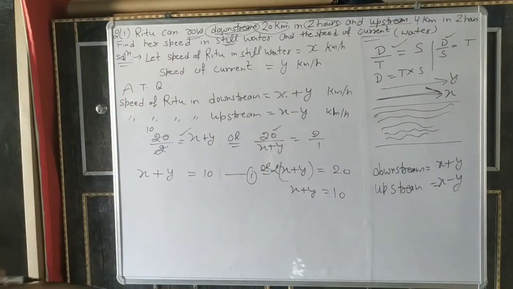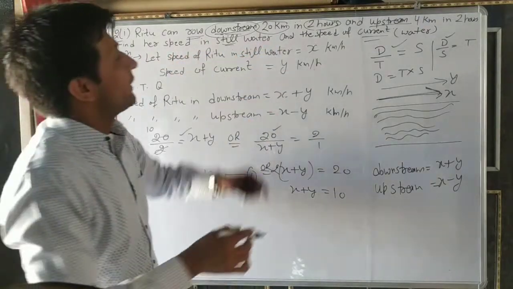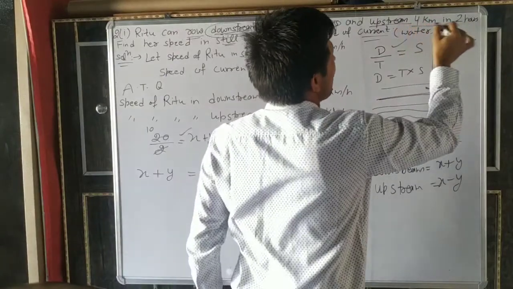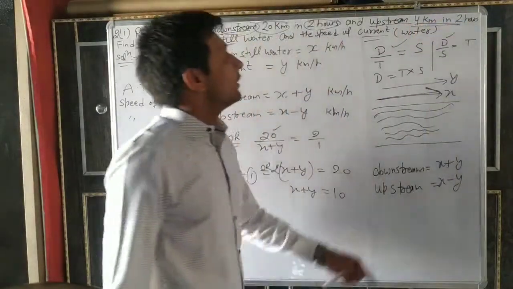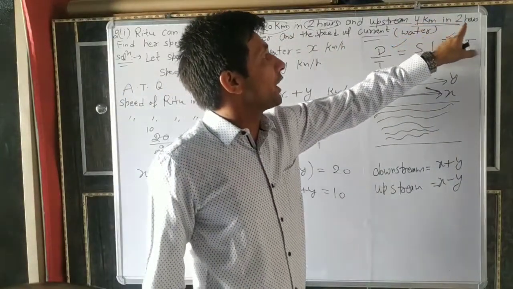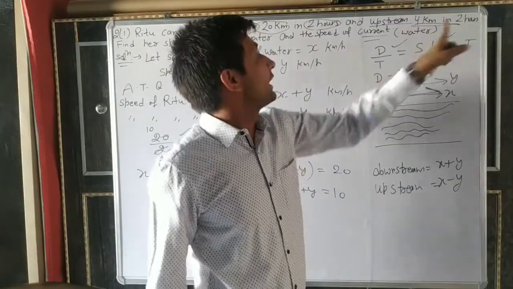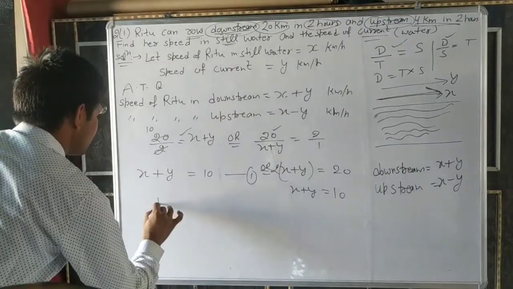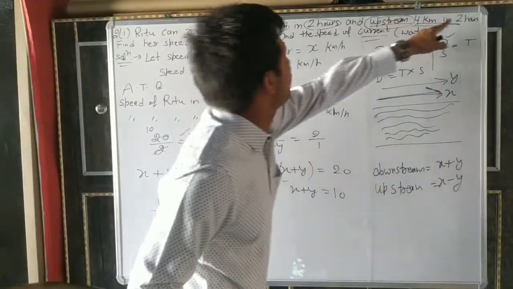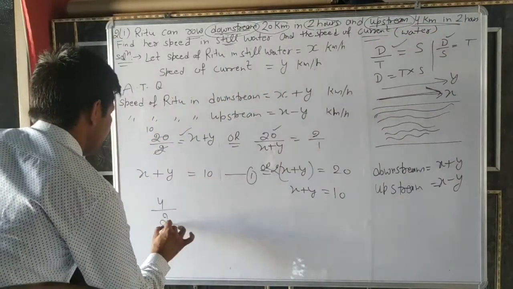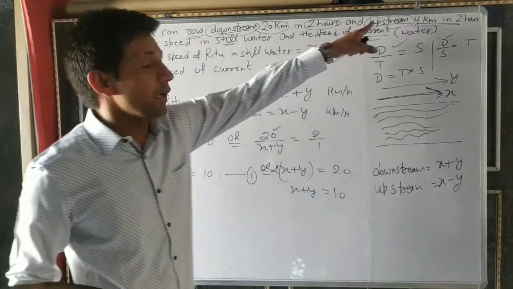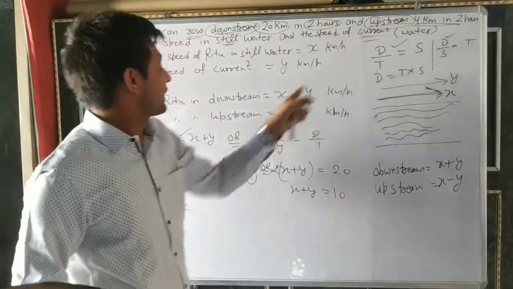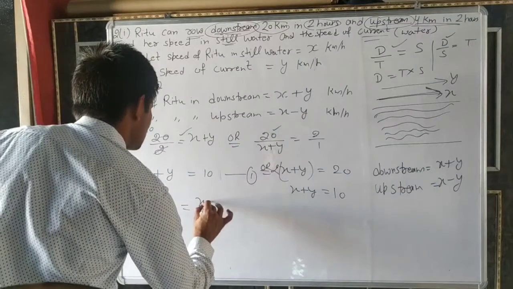Next is upstream. Ritu is rowing 4 kilometer in 2 hours, and where? In upstream. So 4 kilometer divided by 2 hours, distance divided by time, equals her speed in upstream, x minus y.